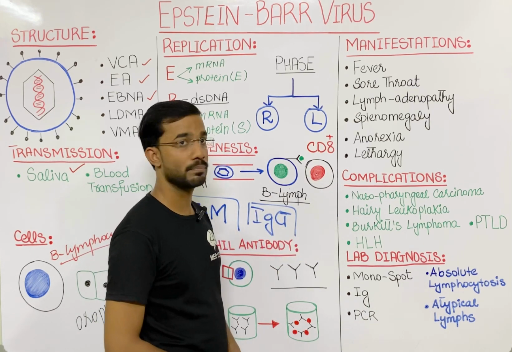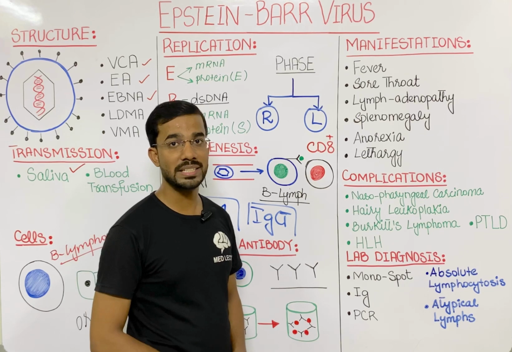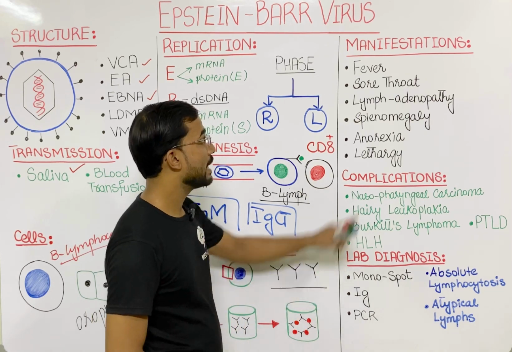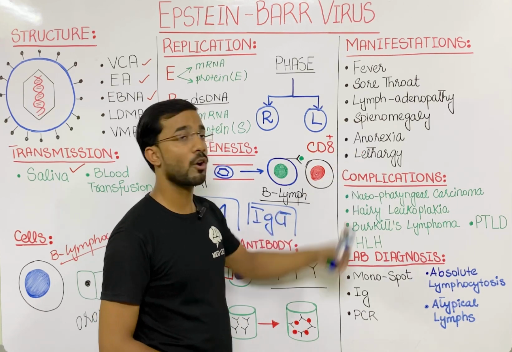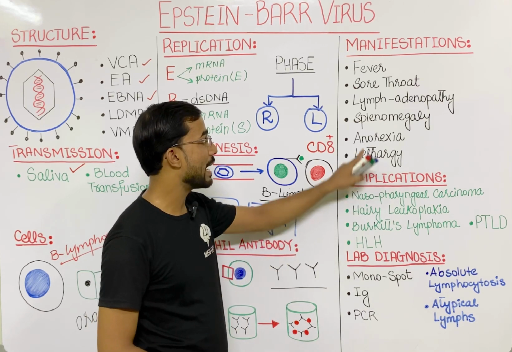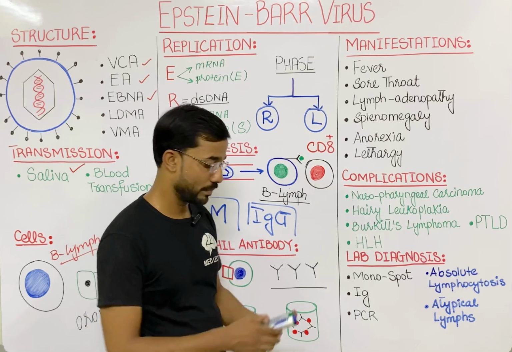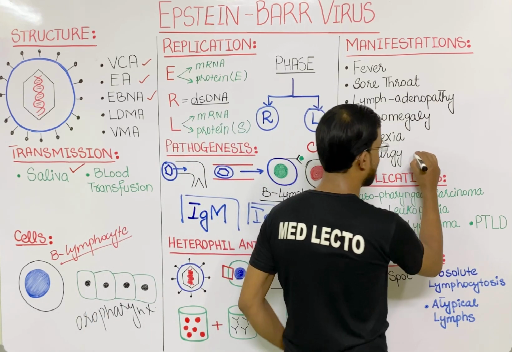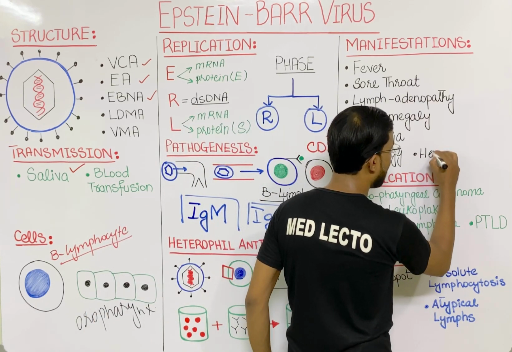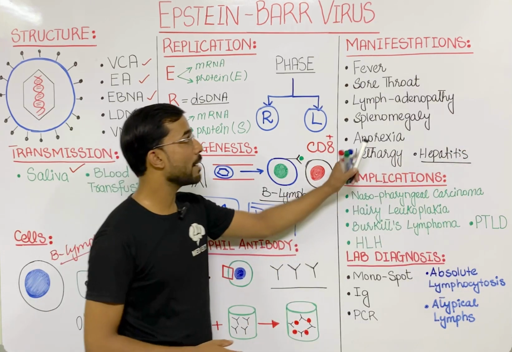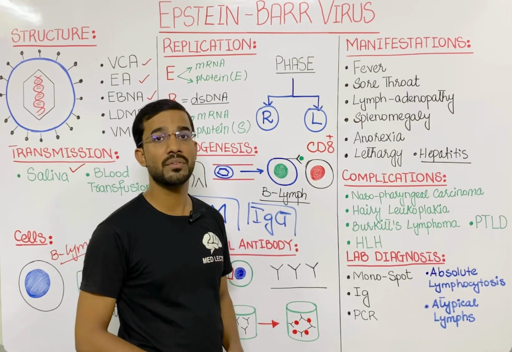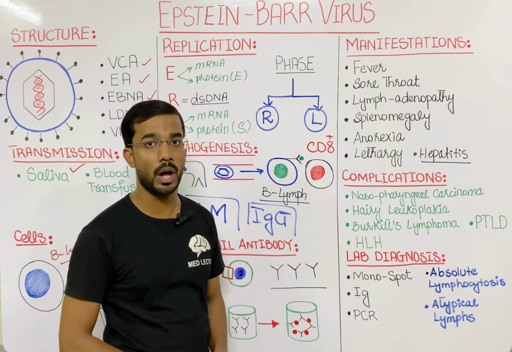If we look at the manifestations of infectious mononucleosis, first is the fever, second is the sore throat, because the saliva is actually present in our mouth. Next is the lymphadenopathy, splenomegaly, due to the proliferation of the lymphocytes, and anorexia and lethargy. You can also see hepatitis and encephalitis as well. So these are basically the manifestations of infectious mononucleosis, or you can say mono.